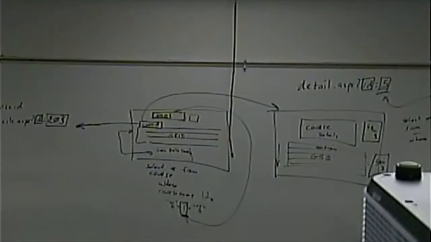If I were to describe this, I'd say this is the information from the course table about the course on the query string. This is a list of sections. So one course from the course table, and a bunch of sections. I know that there are 2 separate data sources.